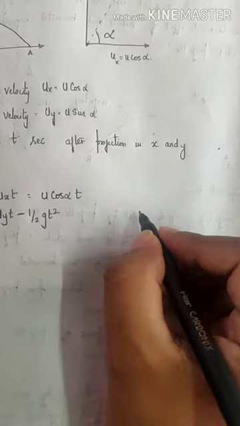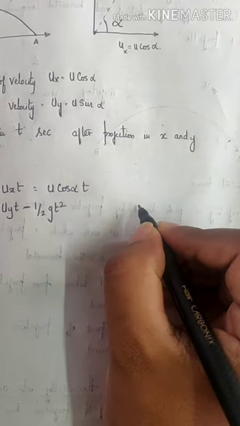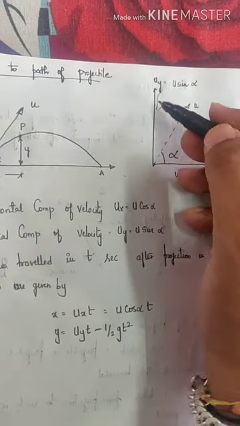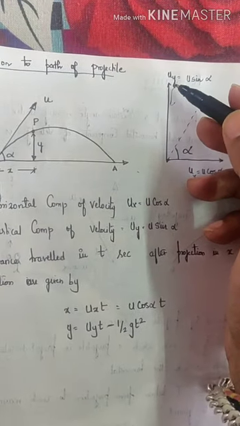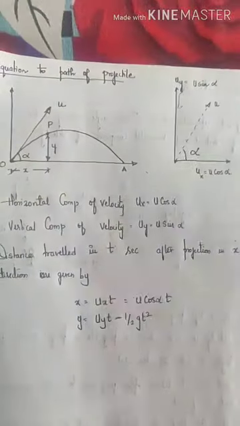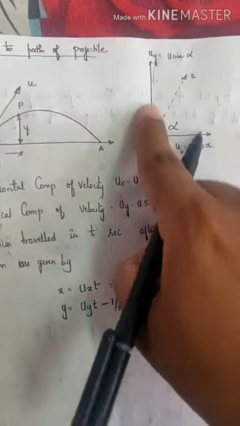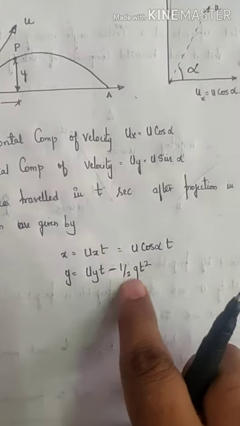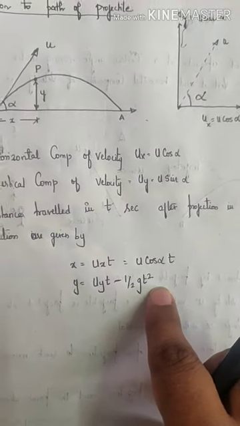Because the vertical component is always with respect to gravitation. The object is traveling in the vertical direction, so what is that thing which is pulling it down? It is gravity. This y component is going against gravity, so we take minus half gt square, because the object will not float in the air. When it is thrown with some velocity u, it travels some distance vertically in the air and attains maximum height.